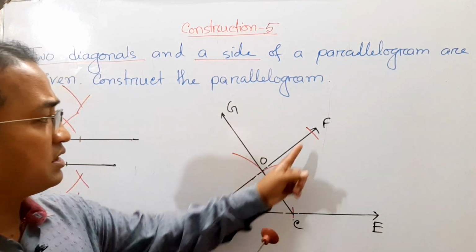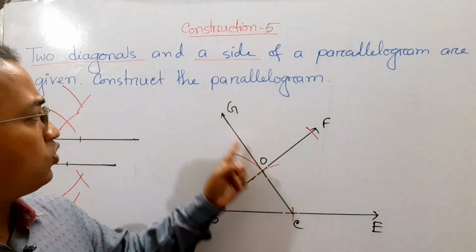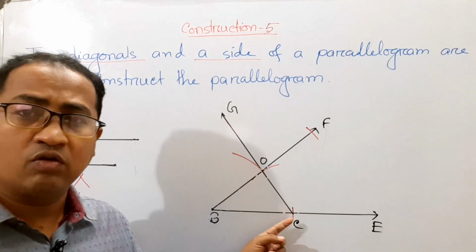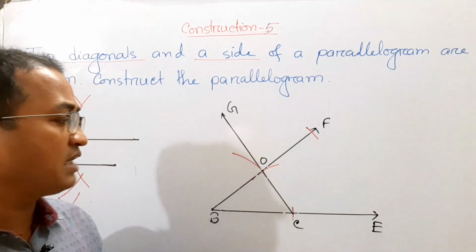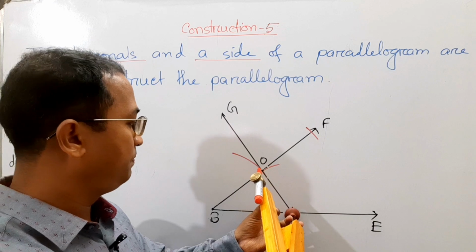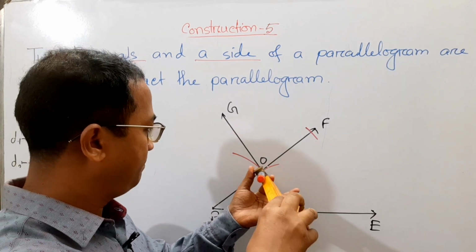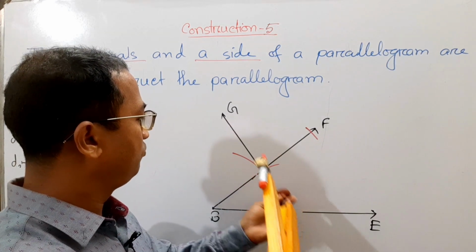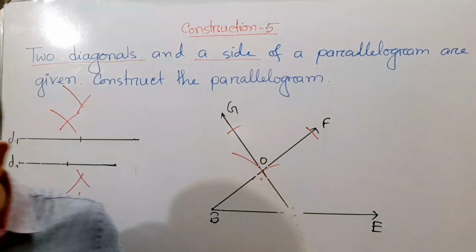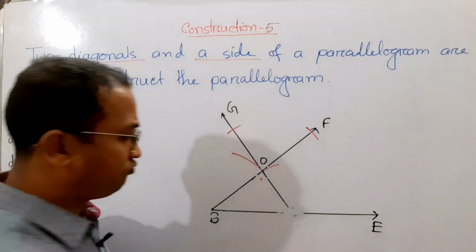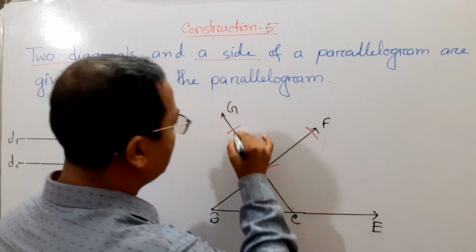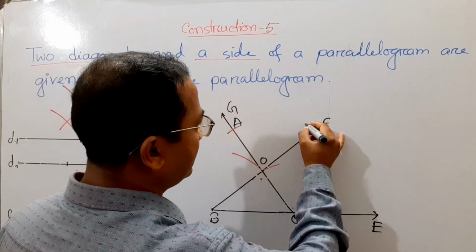And this is D. And again from OG we will cut OA is equal to OC, that is another half of D2. So look, this is A and this is D.